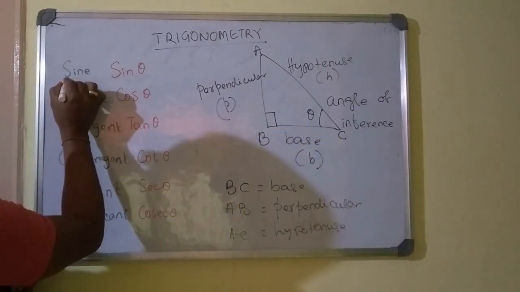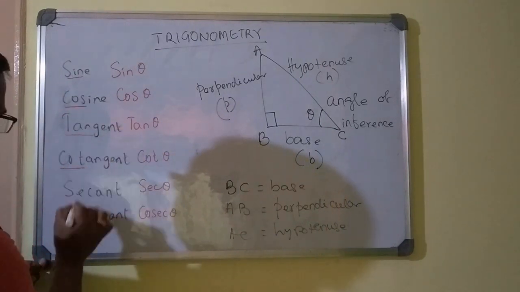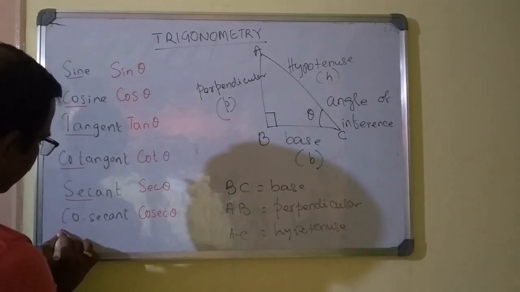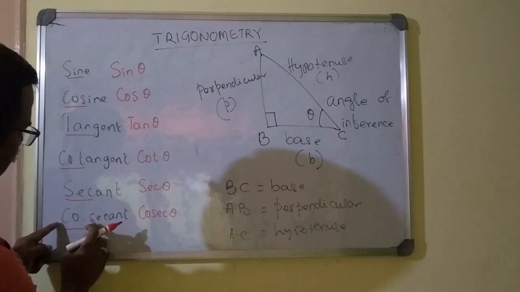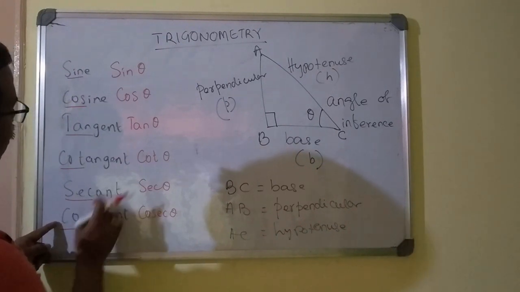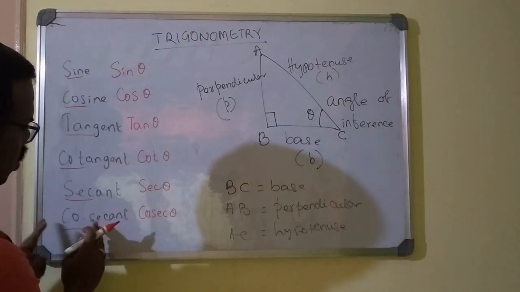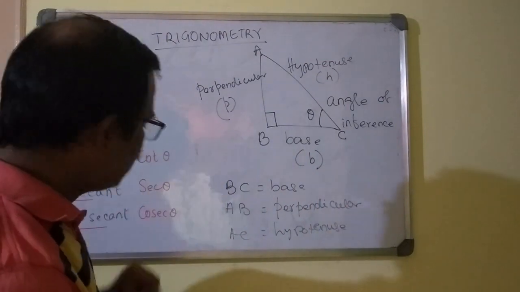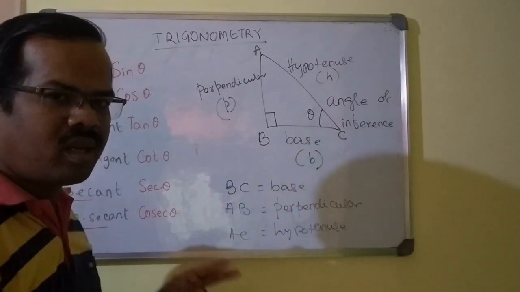So the first three letters have been taken to represent. Only in case of cosecant are five letters taken, because the first three letters spell cos, which is already given a name. So another two letters have been added to it, cosec theta. So these are the six different ratios, and I will tell what these ratios are.